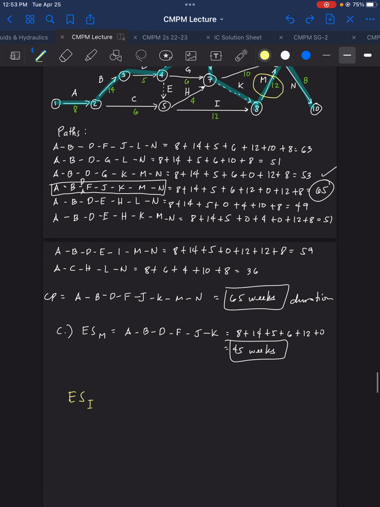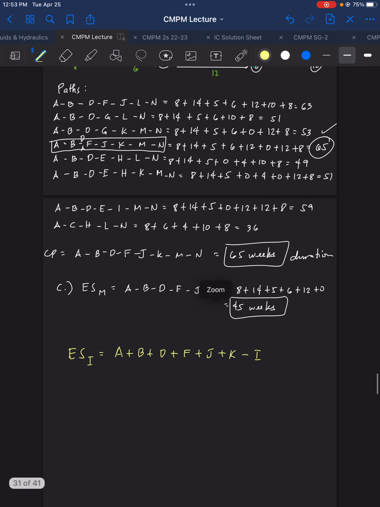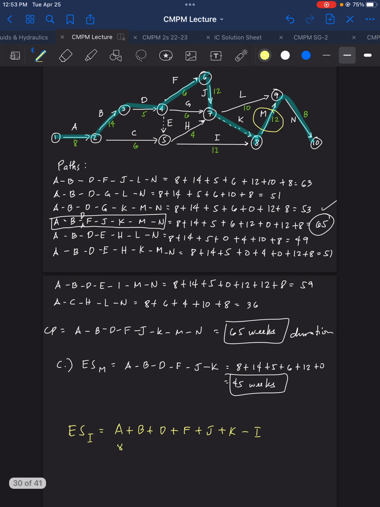So let's do that. So for early start of I, we have there the duration A plus B plus D plus F plus J plus K minus I. So we have here 8 plus 14 plus 5 plus 6 plus 12 plus 0 minus 12.